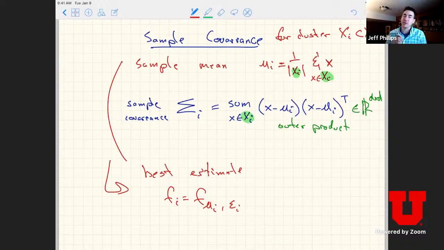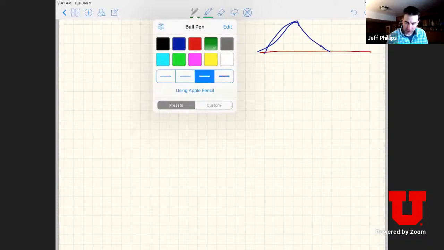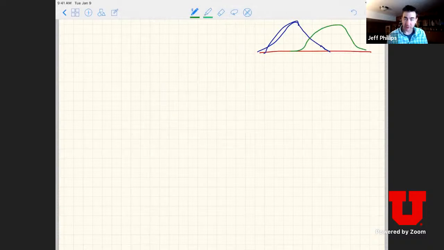I'm going to go from hard clustering to soft clustering. It turns out you're going to get some inconsistency in the model if you do a hard clustering version of this. I've got two distributions, a horrible looking Gaussian, two distributions which are overlapping with each other.